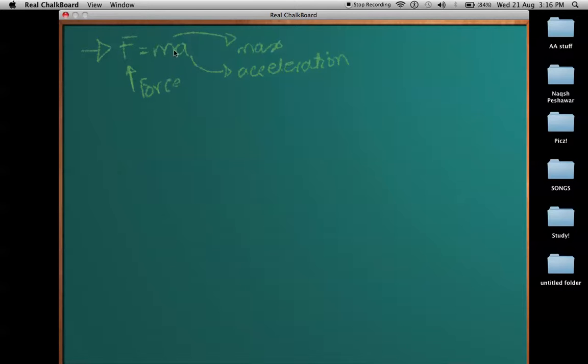So we know this. Now, for example, there is a body, there is a mass here, and I am pulling it with a force of, let's say, 20 newtons.